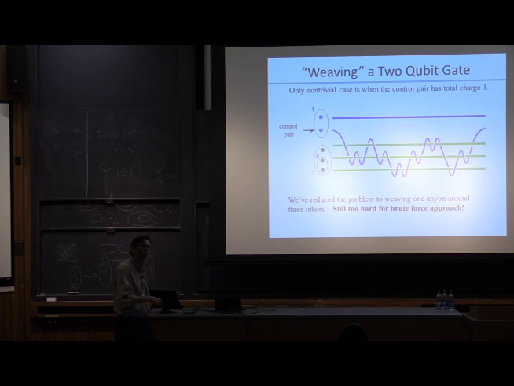The case when the charge is 0 takes care of itself. We know it's going to do nothing. So let's just focus on the case when the charge is 1. And so now I've made things simpler. Instead of braiding 6 objects, I'm really only braiding 4 objects. I'm braiding the control pair through the target. But even this is too difficult, it turns out.